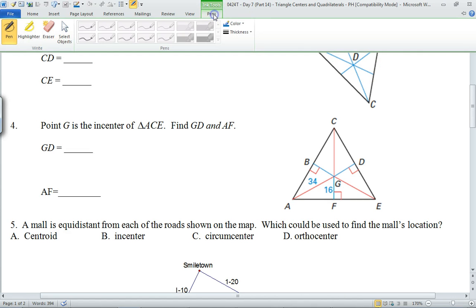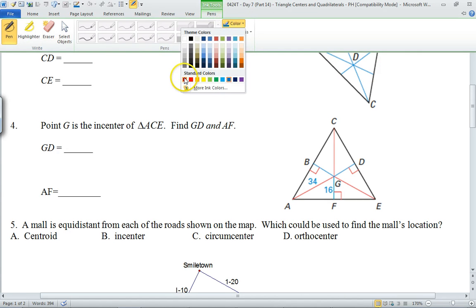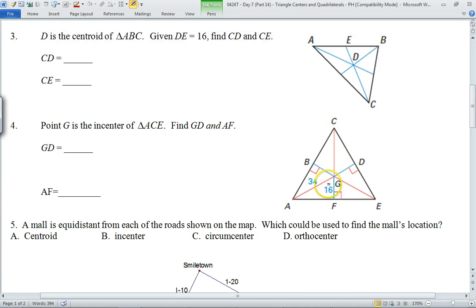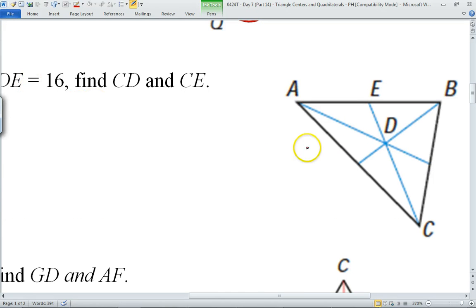Okay, I think I'm going to need a different color. And maybe I should make this bigger. Okay, DE is 16. So this is 16 right here. Now, that is the small part of this median. So I know that the big part should be double that.